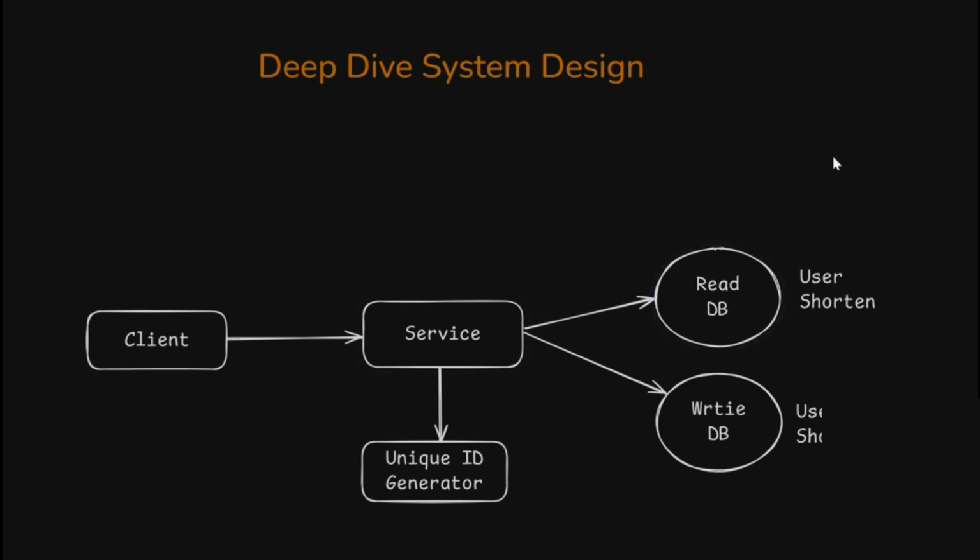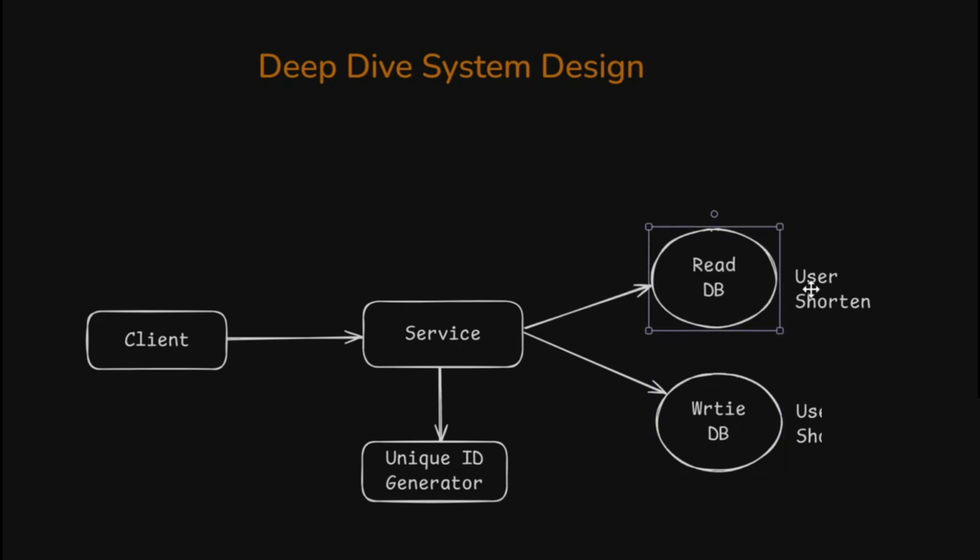At a very hypothetical number, since we have reads 100 times more than writes, we can have 100 read database instances and one write instance. So we are scaling in terms of cost optimization and also performance and query optimizations. These can all be handled separately between these instances.